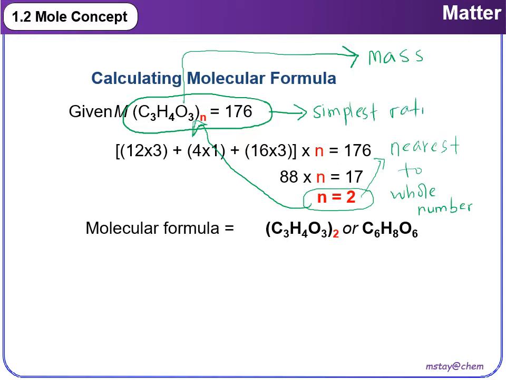Did you round off without multiplying by a factor? If yes, then please multiply by a factor so that you are able to get the whole number. After you get the whole number, then only we will be able to get the molecular formula.